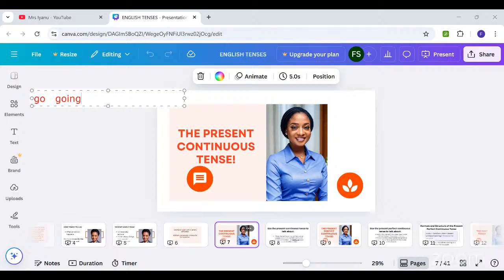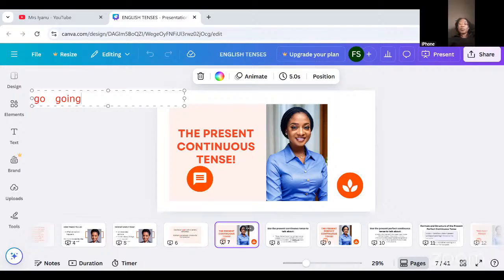Then we have the present perfect tense. Now, this is a bit complicated because it is used for actions that relate to other points in time. It is either completed or it is ongoing. I don't know if you get what I'm saying.